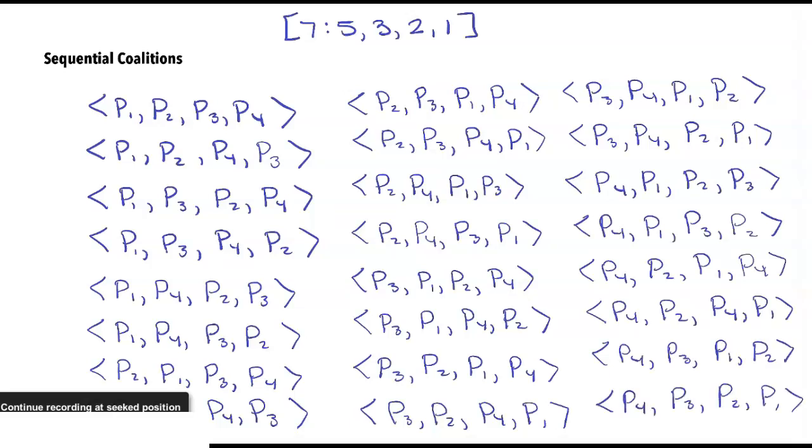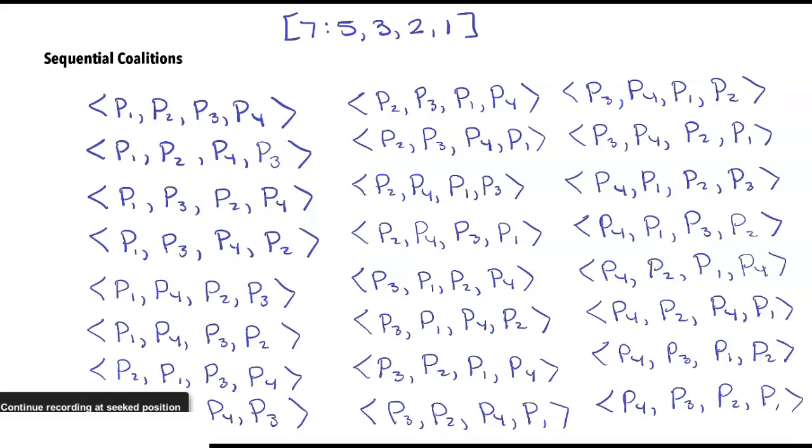And those are all the possible sequential coalitions with 4 players. Notice that I didn't write them with anything other than P1 through P4. That way, next time I need all the sequential coalitions for 4 players, I already have them and I don't have to make up the list again.